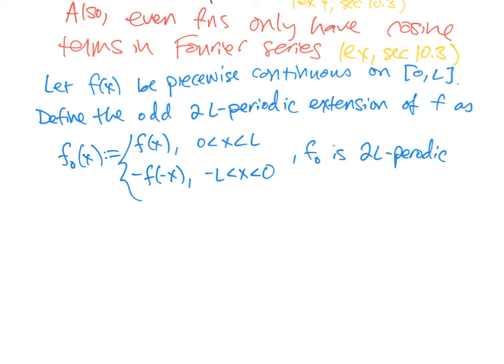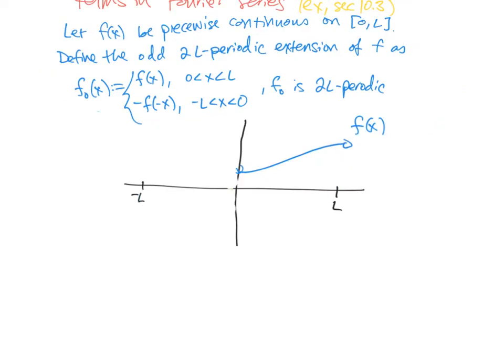So in the example we had before, we had an f of x, and now our f sub O between 0 and L, we're going to define it the exact same way. And on the other side, we're just going to do an exact reflection of that.